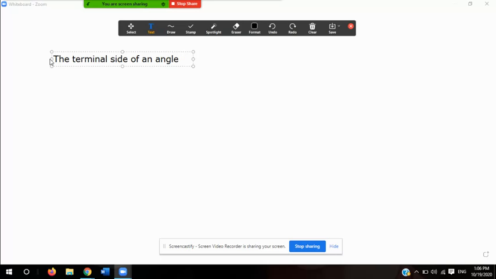The terminal side of an angle Z in standard position passes through the point -4, -7.